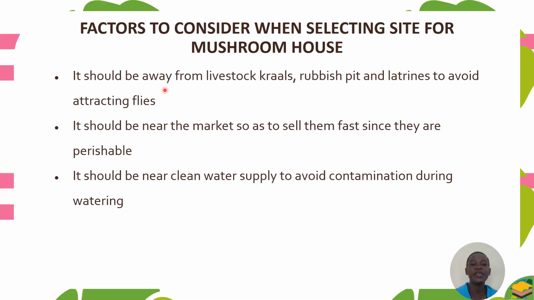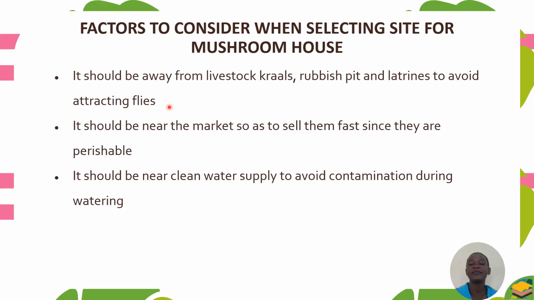It should be away from livestock pens. It should also be away from rubbish pits. A house should be constructed away from latrines. Why? This is to avoid attracting flies.